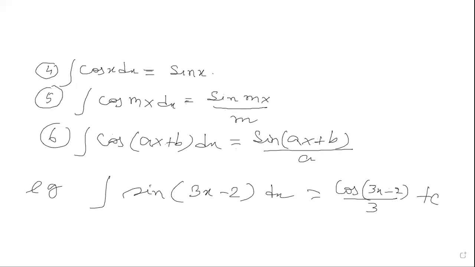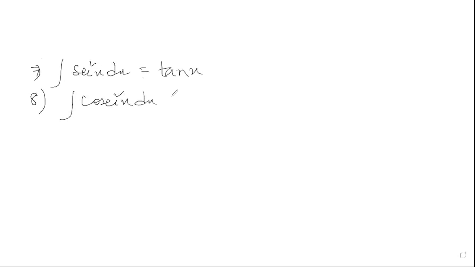Now I am coming to the next point. This is the seventh formula, that is sec square x dx, it will be tan x, and if it is cosec square x dx, the integration will be minus cot x.